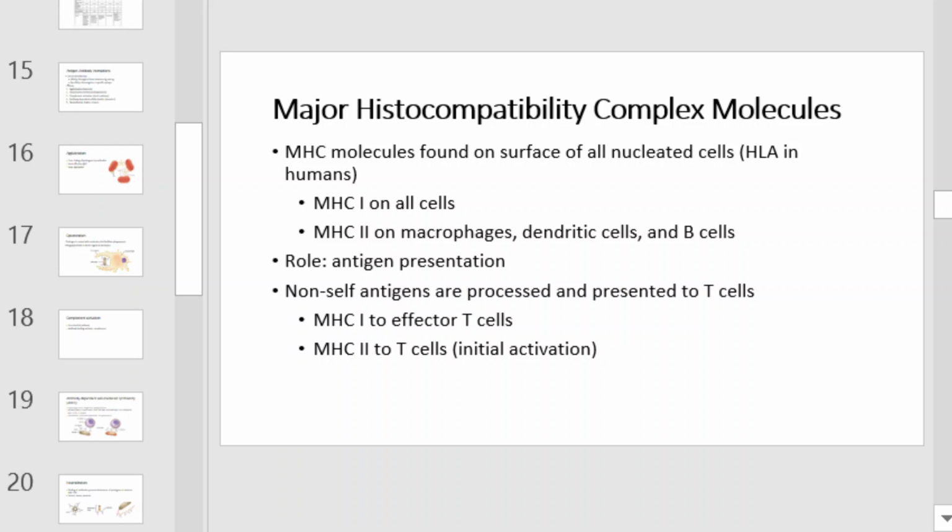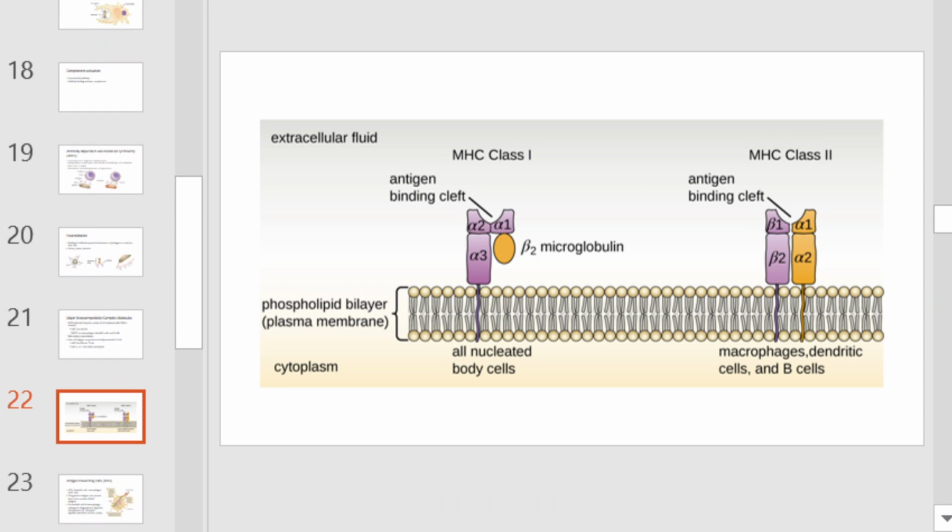The role of the MHC complex is antigen presentation. Non-self antigens are processed and presented to T cells, MHC I to effector T cells, and MHC II for initial T cell activation. This is an illustration of MHC class I and class II binding.